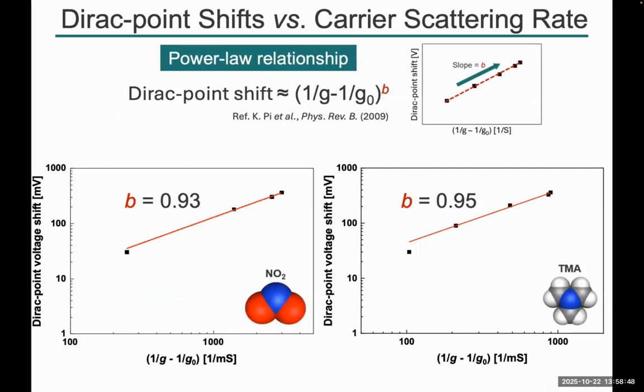This is the experimental data of this study, and the power law exponent is calculated to be 0.93 and 0.95, which means B is smaller than 1.0.